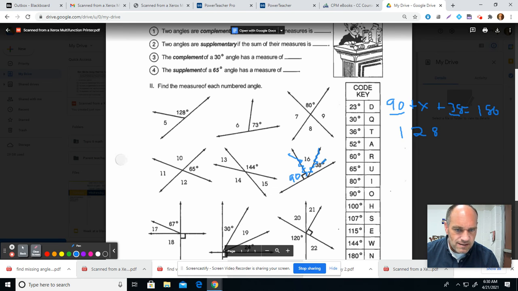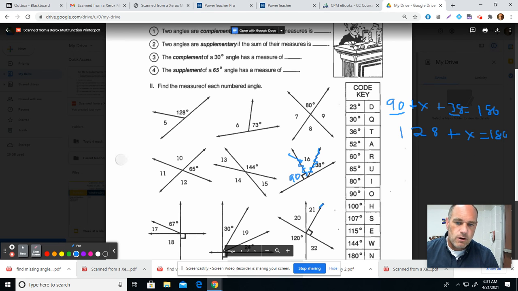So this and this together is 128. Remember, I have to get to 180 because this would be a straight line. So my 128 plus something has to add up to 180 degrees. So I can subtract 128 from 180. That will give me this missing side.